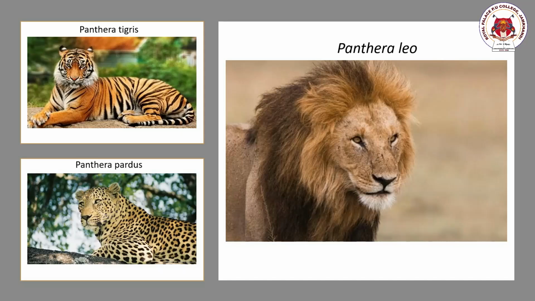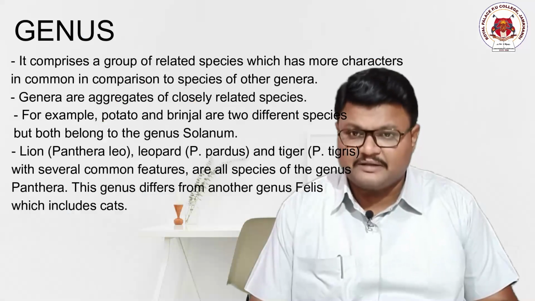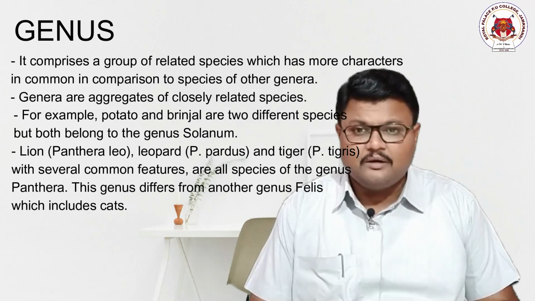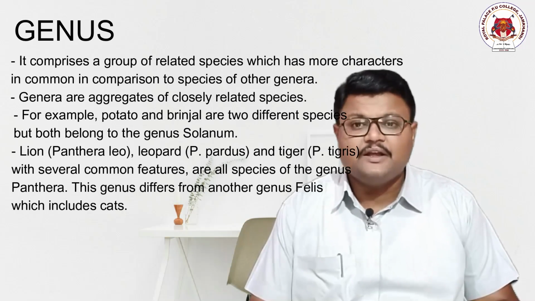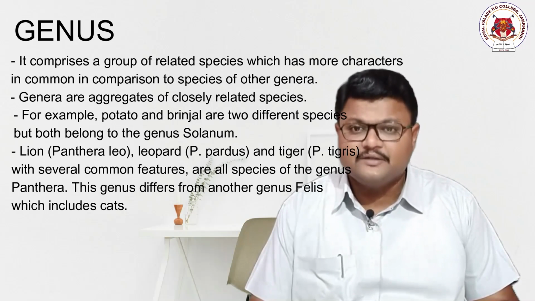These three organisms have different specific epithets but have a common genus name, that is Panthera. So it clearly indicates that a genus might contain one or more than one species in it. That's why genus is called the group of related species.